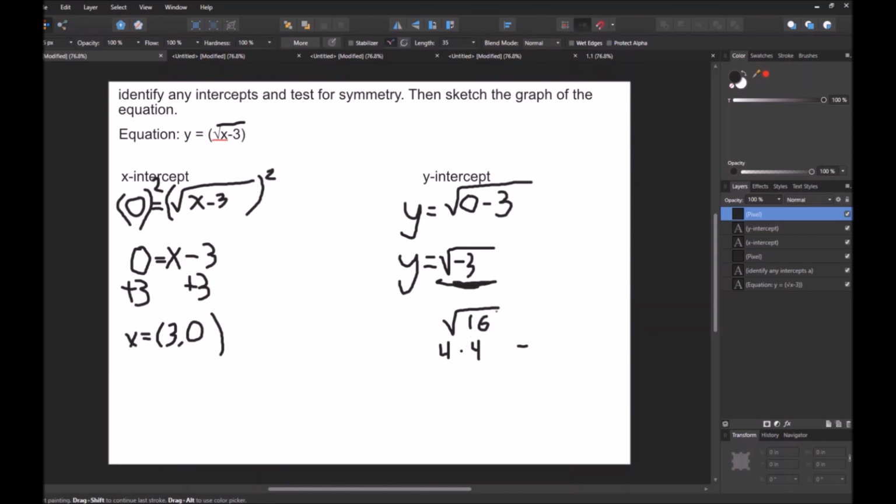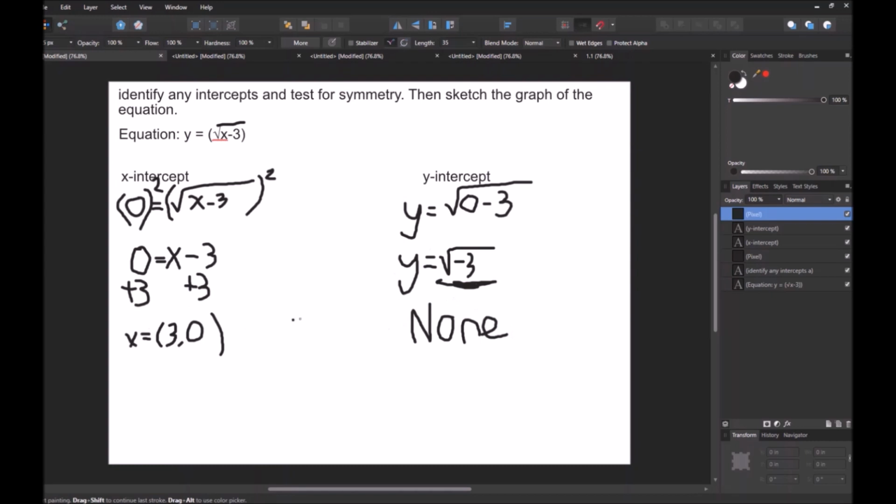And because we're working in the real number plane in this chapter, there are no real y-intercepts, so we can just write none. But more specifically, no real y-intercepts. If we were working in the imaginary plane, then we could probably come up with something.